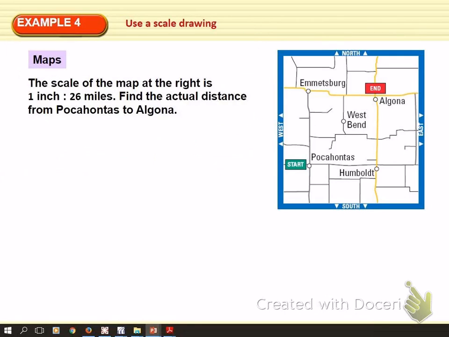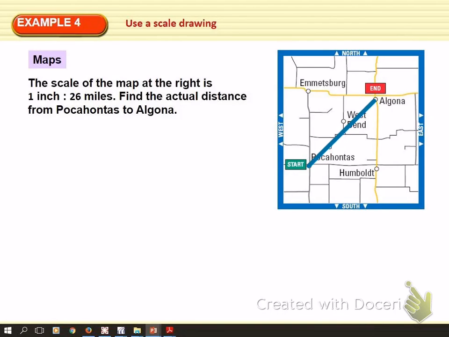That's our scale. All right, we're going to use the scale to find the actual distance in this map. We want to measure this distance and then set up a proportion. So, how to use this scale to find the actual distance from Pocahontas to Algona. Okay? Well, way back when, in the olden days, before Google Maps, this is what we had to do, right?